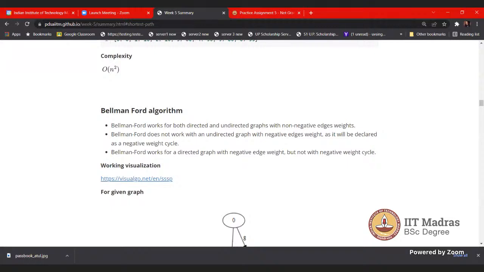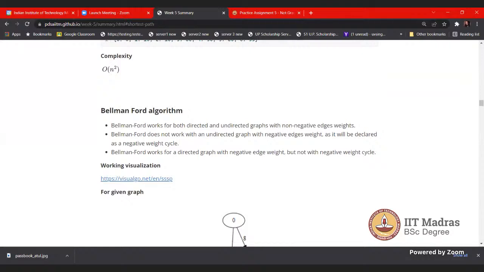So the first statement is written that way: it works for both directed and undirected graphs with non-negative edge weights. Bellman-Ford does not work with an undirected graph with negative edge weight, as it will be declared a negative weight cycle.